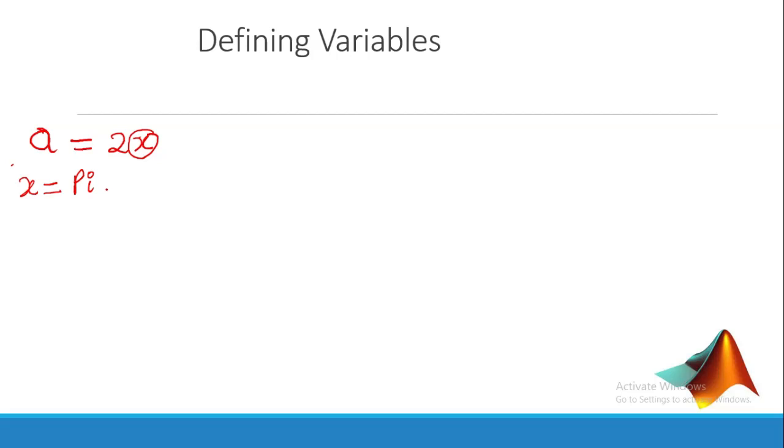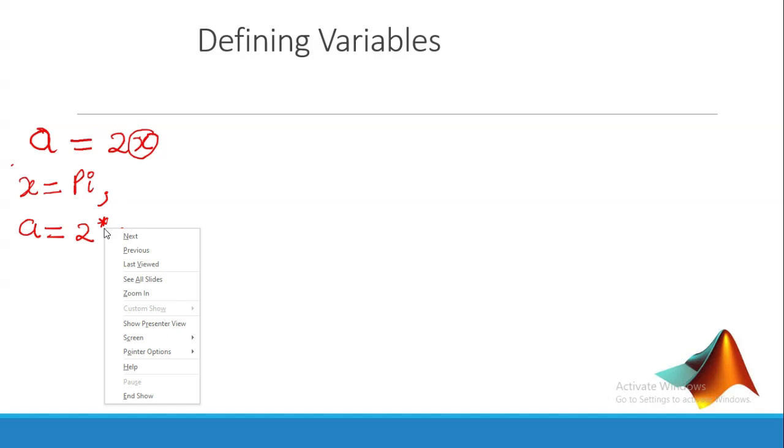So if I type pi, Matlab knows that it is pi. We can terminate the output of this statement by putting a semicolon. Now that we have defined the variable x, let's write our equation. Our equation is a is equal to 2 multiplied by x. Now I believe Matlab will understand this equation.